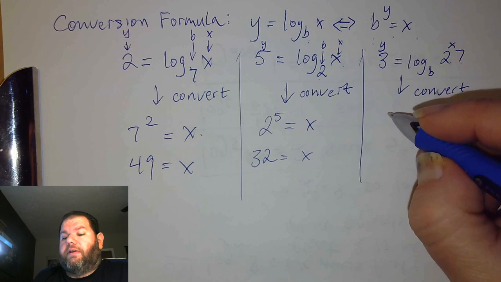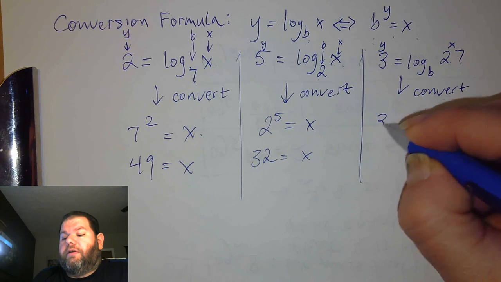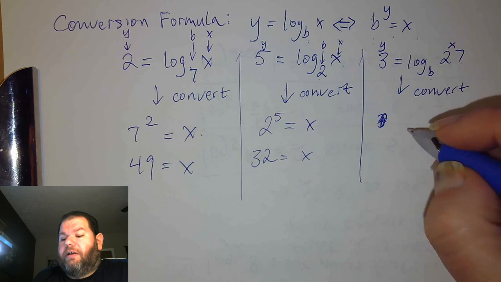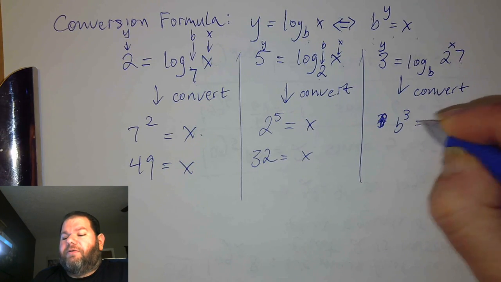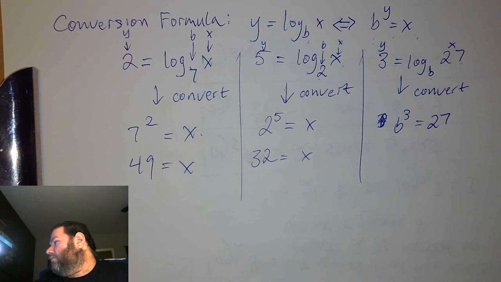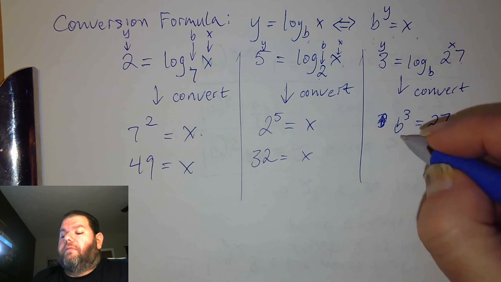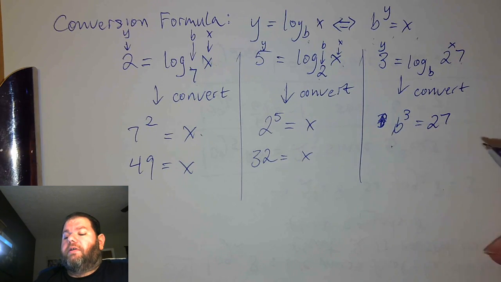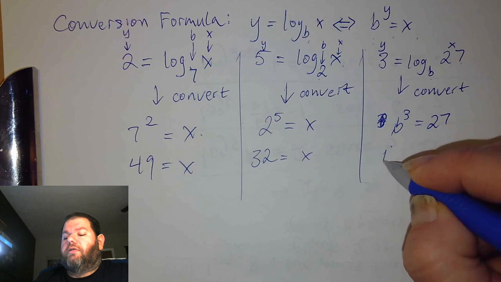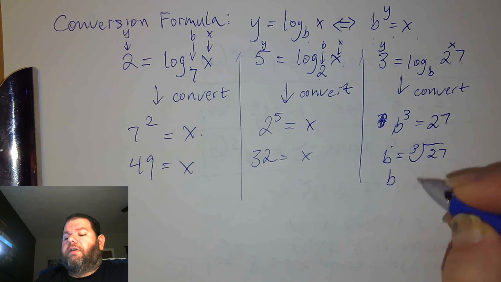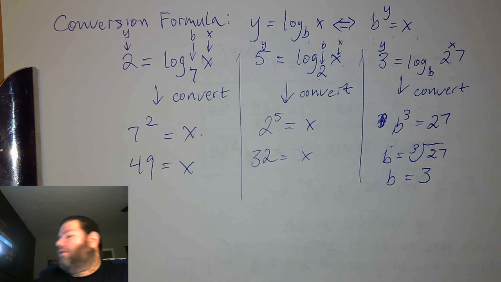So we would say b to the 3 equals 27. Okay. And then we could just take the cube root of both sides. And the cube root of 27 turned out to be 3.